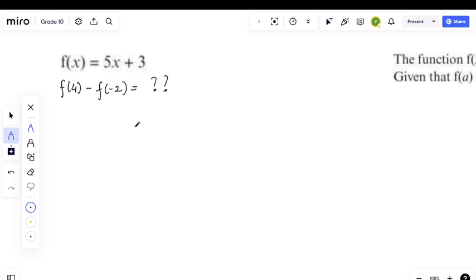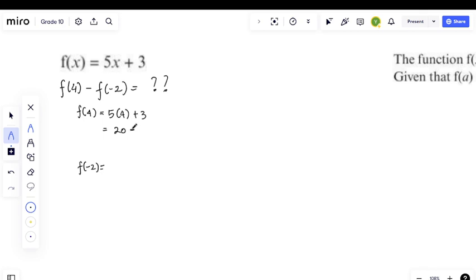Supaya kalian nggak bingung, for you not to get confused with these expressions, you can do it separately. Find f(4) first, and then go to find f(negative 2). For f(4) means I need to replace all the x in these expressions by 4.